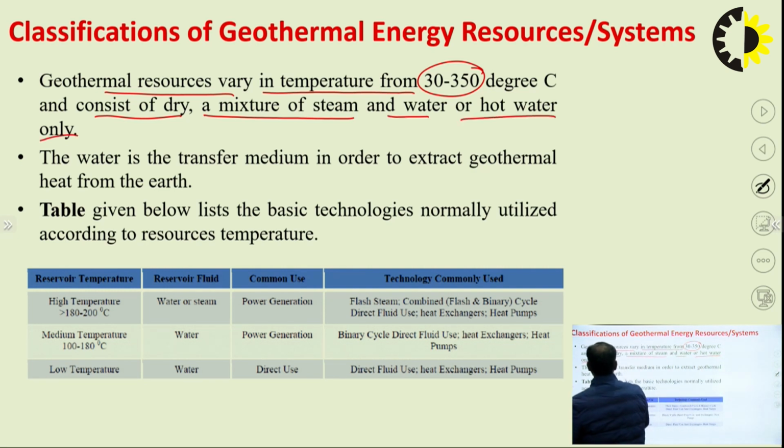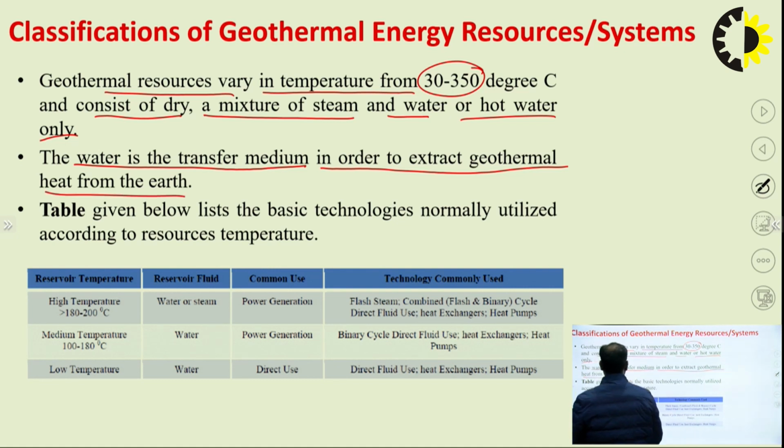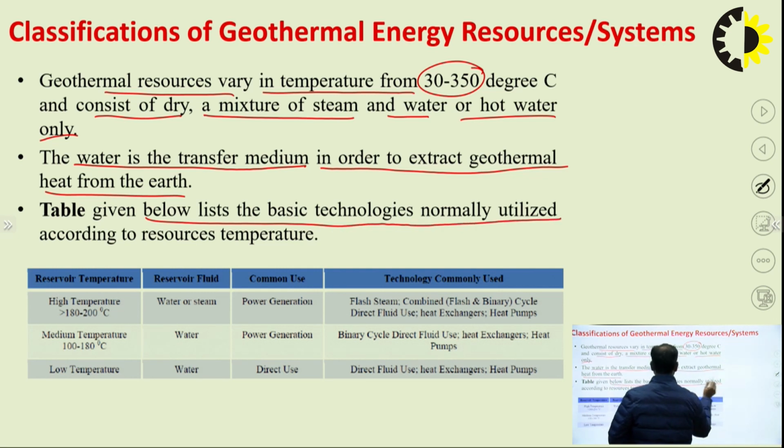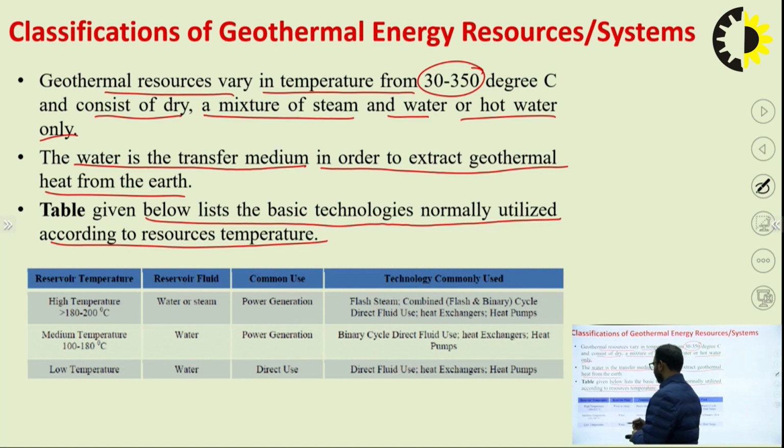Water is the transfer medium used to extract geothermal heat from the earth. The table below lists the basic technologies normally used according to the resource temperature. So this is the reservoir temperature, the reservoir fluid, the common use, and the technology commonly used.